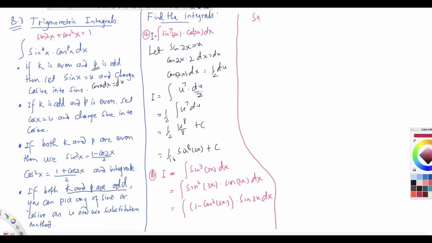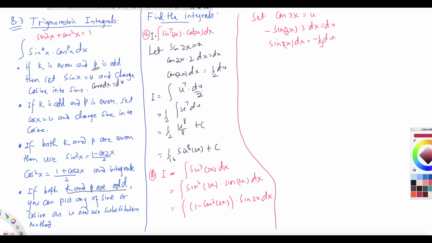Set u equals cosine of 3x, not with the exponent, just the base function. You find the derivative: du equals negative sine 3x times 3 dx. So sine 3x dx will be equal to negative 1/3 du.